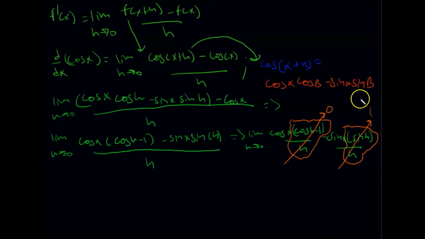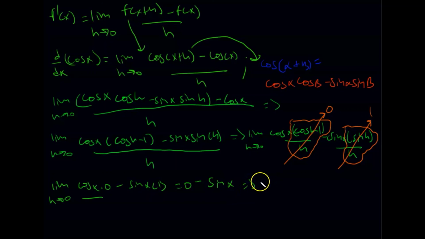This simplifies our problem greatly. So if we rewrite this one more time as the limit as h approaches 0 of cosine x times 0 minus sine x times 1. This term here, cosine x times 0, is just 0, and minus sine x times 1 is just minus sine x.